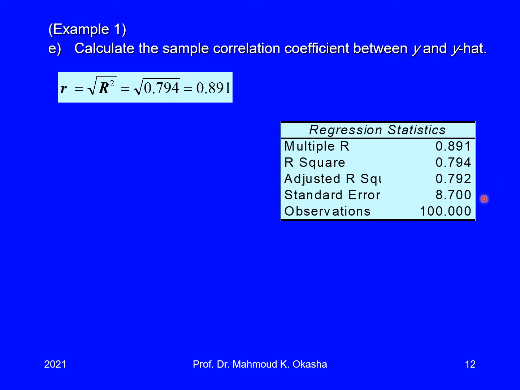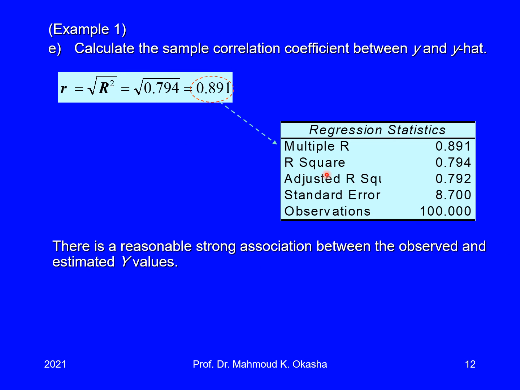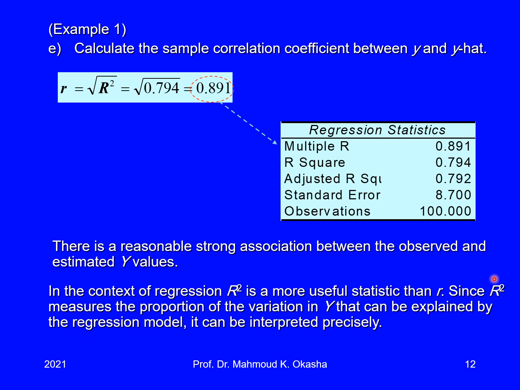Using the Excel sheet also, R squared is that and R is that, exactly the same as here. So there is a reasonably strong association between the observed and the estimated Y variables, which means a strong association between the study time and the marks students get in economics.